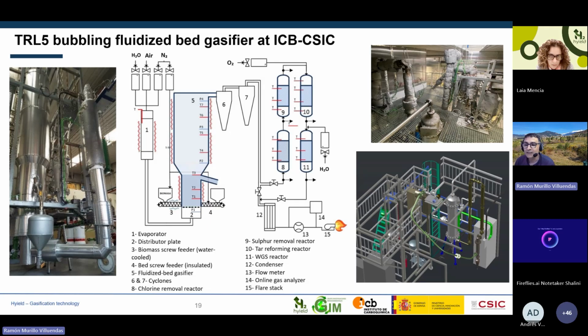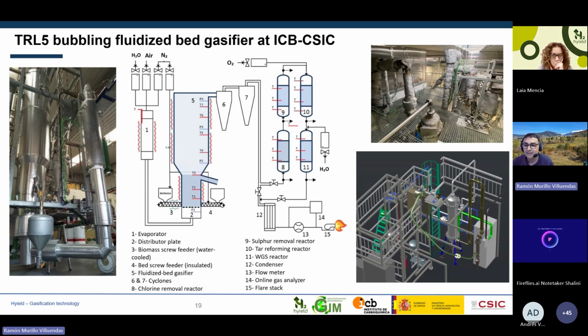Inside the reactor, the bed is fluidized, and the intense gas-solid contact provides good mixing and heat transfer, which are key advantages of bubbling fluidized bed reactors when working with heterogeneous biomass and waste feedstocks. Downstream of the reactor, the raw gas first passes through cyclones, where most of the entrained particles and fines are removed.